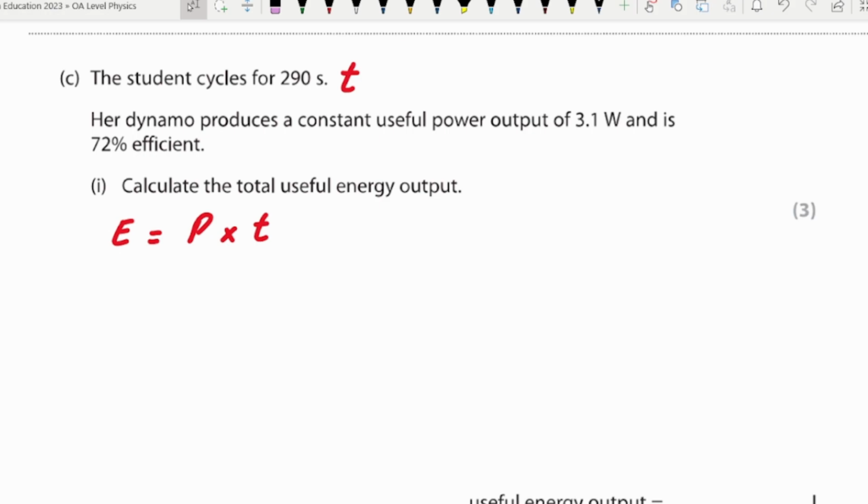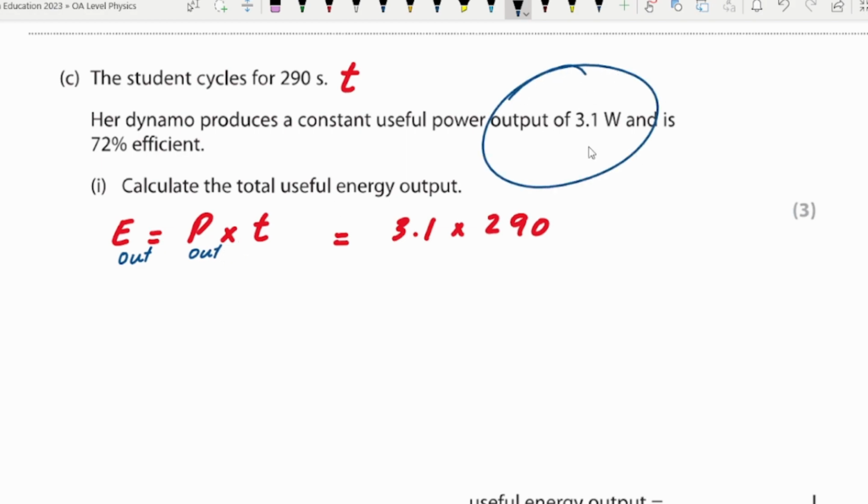All right. So how much power do we have? The power that we have is 3.1. All right. This is the useful one. So we have the useful power. We multiply it by 290 seconds. We don't do anything with 72% in this part. No, because for output energy, all we need is the output power and the time.